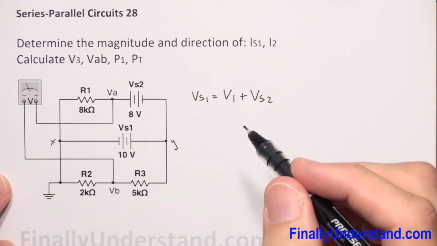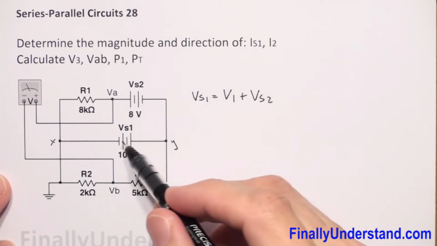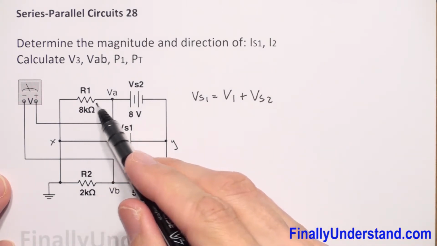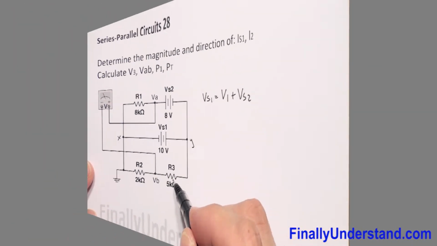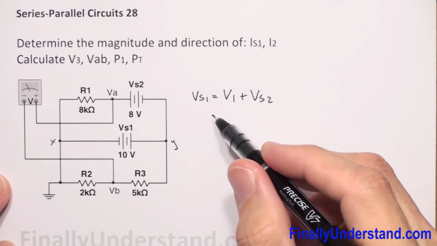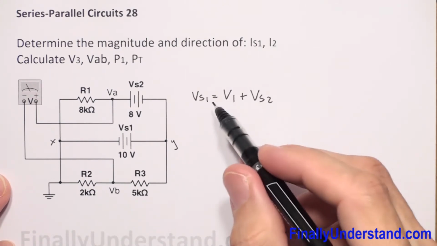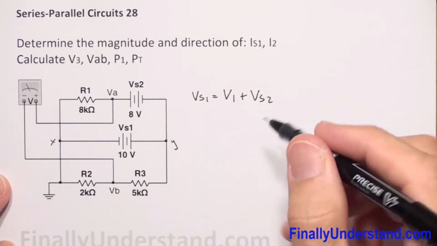Now I have to find the current which goes through this voltage source. So it means I have to find the current which goes through this branch and the current which goes through this branch. So now I'm going to use algebra in order to find the voltage across resistor R1, because voltage source 1 is given and voltage source 2 is given.